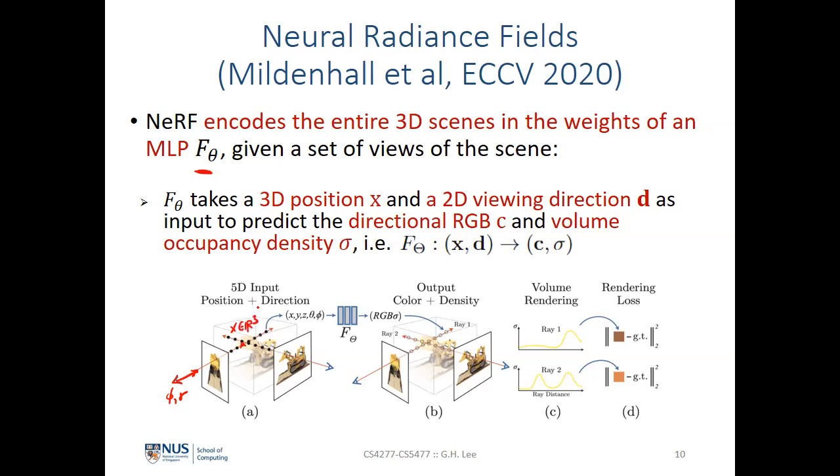And then all together we would have 5 dimensions, and you input into a function, an MLP, and the output would be a 4-dimensional output, where the first 3 dimensions would be the RGB value, the color, okay, and then the last value would be what we call the volume density.